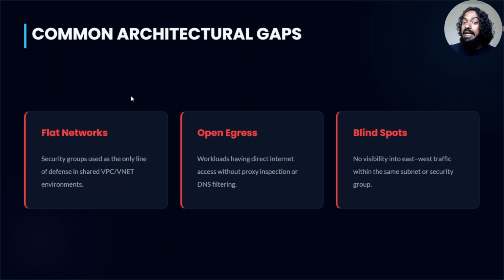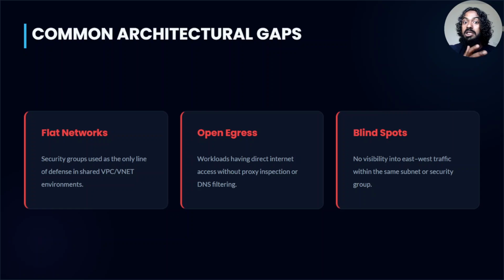Okay, now the reality. What I usually find in different organizations, different enterprise architectures, are flat VPCs or VNets. Security groups pretending to be segmentation. Sometimes people say, yes, I have different security groups configured, and that's not segmentation, right? No east-west visibility.